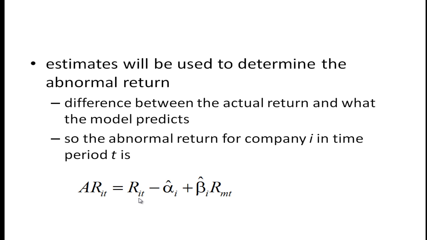R_it is the return for stock i in time period t. And then we're going to subtract what the model predicts, which is this estimated alpha or intercept term, plus the estimated beta for stock i times the return of that market index in that time period.